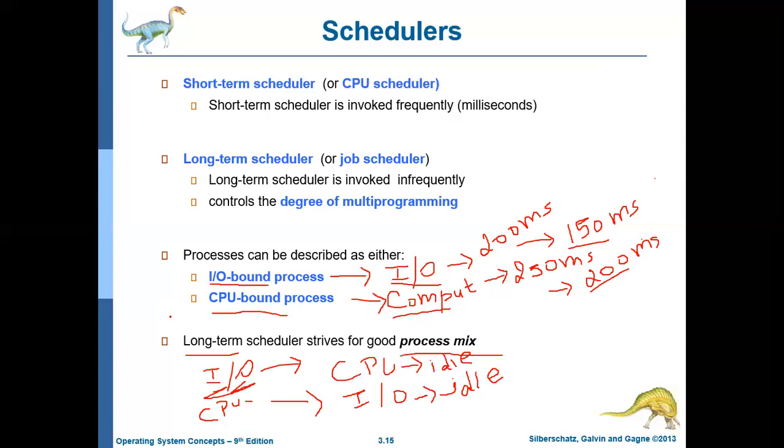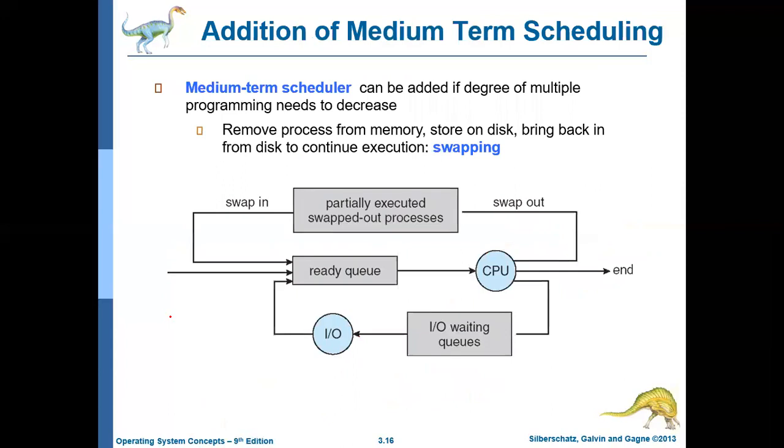Next, some operating systems or processors may support another type of scheduler which is called the medium term scheduler. This scheduler is used to decrease the degree of multi-programming. The long-term scheduler controls the degree of multi-programming, whereas the medium-term scheduler is used to decrease it.